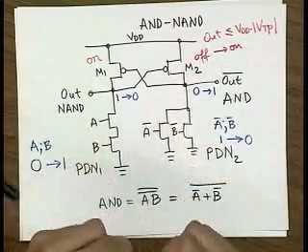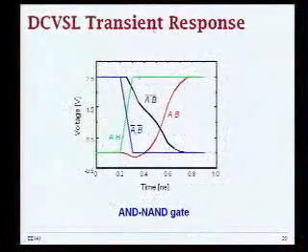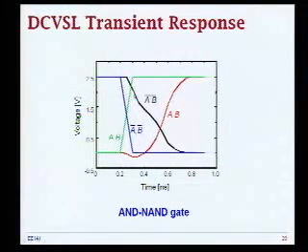So let's take a look at the timing diagram on the slide. So this is what happens. Your NAND starts pulling down, and as soon as you reach VDD minus VTP, then the feedback mechanism kicks in and this one starts to charge.